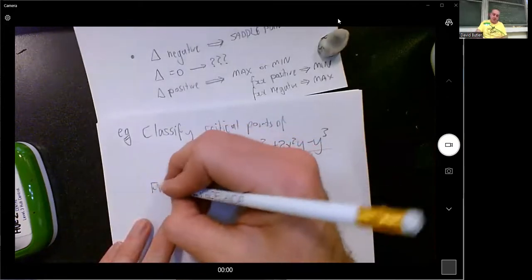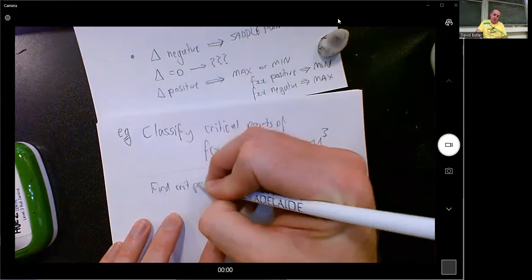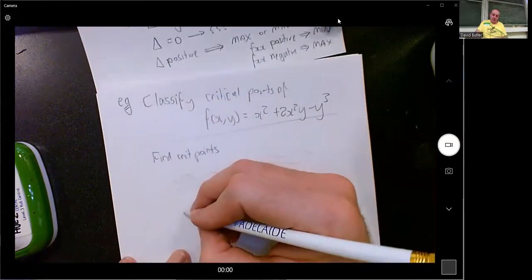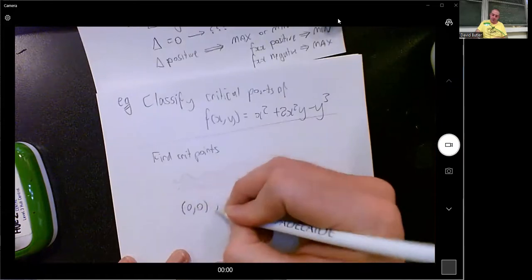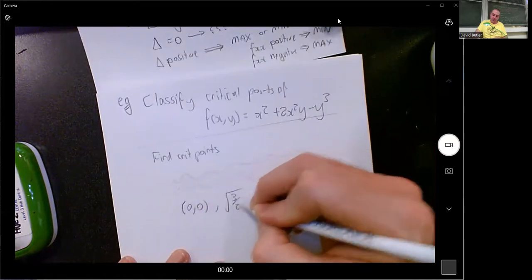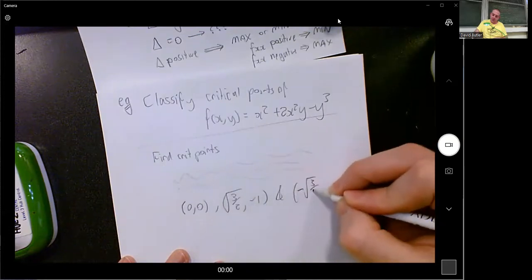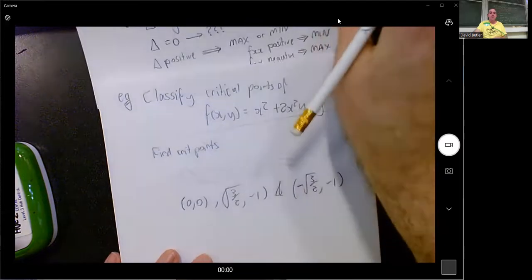So we have to find the critical points. And you do all this working and you end up with (0, 0), (root 3 on 2, minus 1) and (minus root 3 on 2, minus 1). They are the critical points.